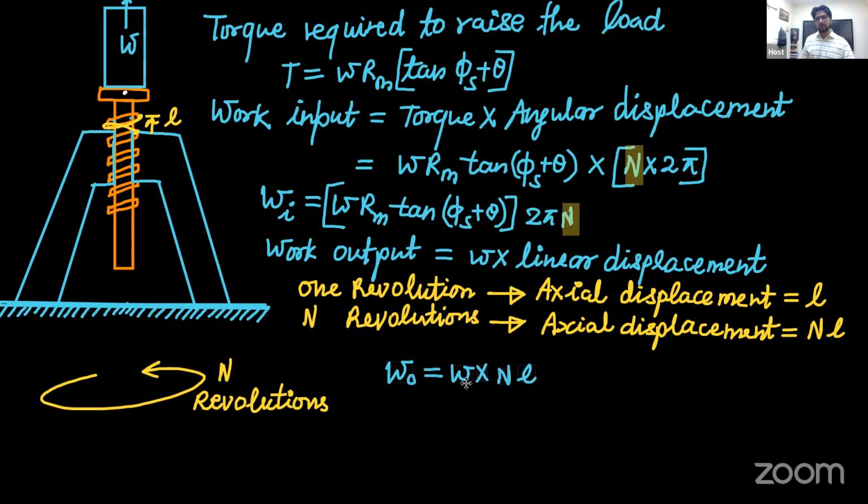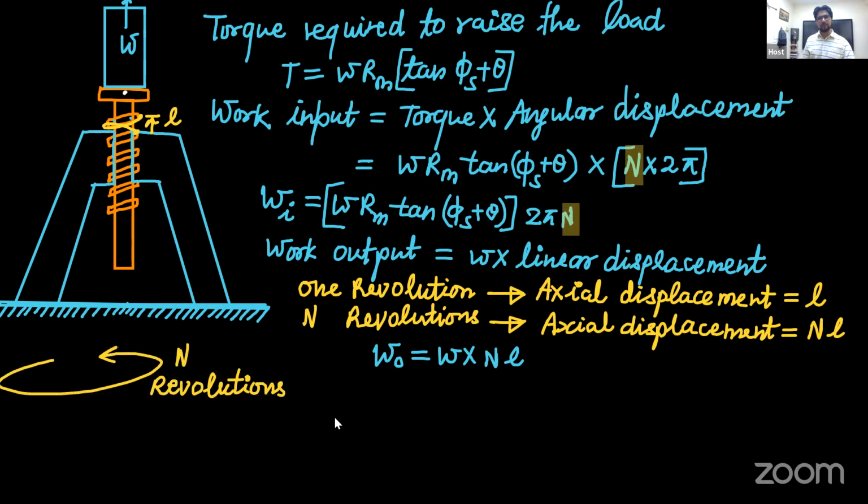So now we know the output work and we also know the input work. We can go ahead and define the efficiency value. What will that efficiency value be? Efficiency will be work output upon work input. Work output is W multiplied by N multiplied by lead.